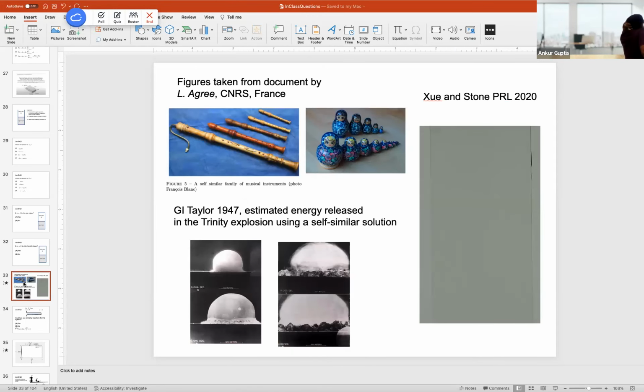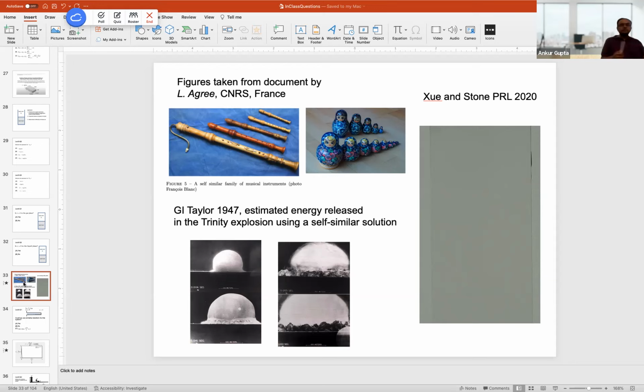I'll try to show you some examples. There is a fluid mechanician who mentions that you can think of scaling down of physical objects. That's really just what similarity is. Or the famous example I would say is this explosion by G.I.